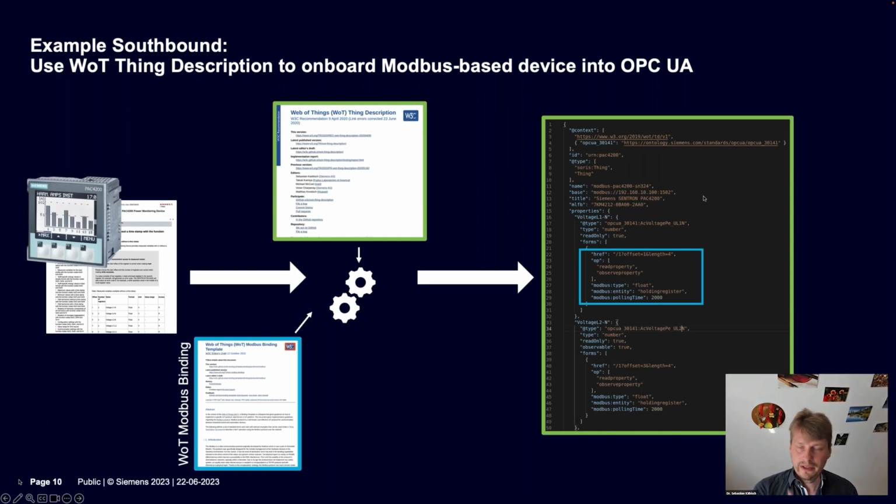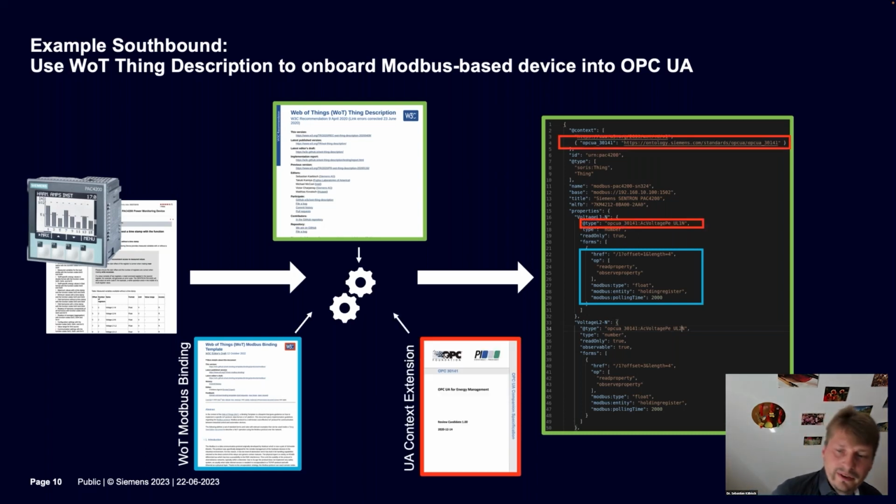And what is very cool, as already mentioned before, we rely on JSON-LD, and we are able to integrate existing context knowledge, existing definitions that are already there. Here it is very easy to integrate companion standards and enrich thing descriptions with OPC aspects.